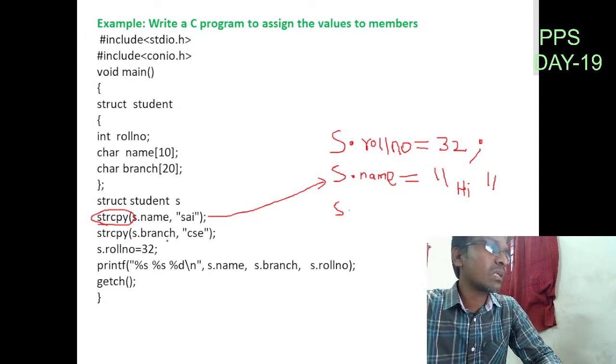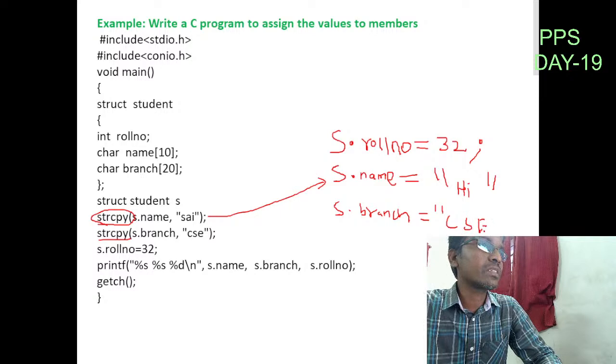Similarly, if you want to assign a branch, instead of using string copy, you can use a structure variable followed by the dot operator and followed by branch. So branch is equal to CSC. It is a string, so you write it in double quotes.